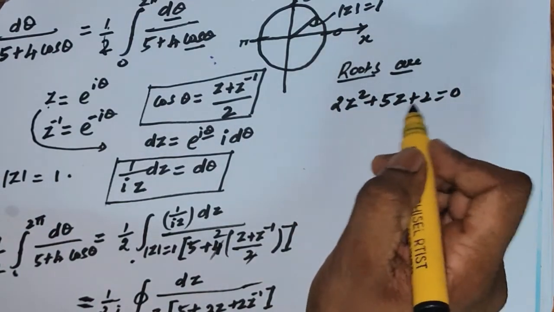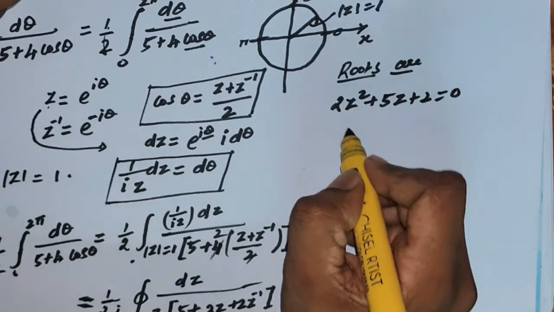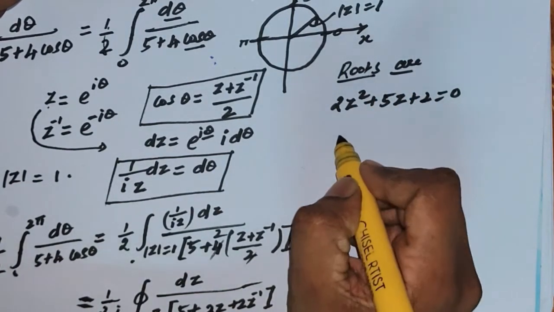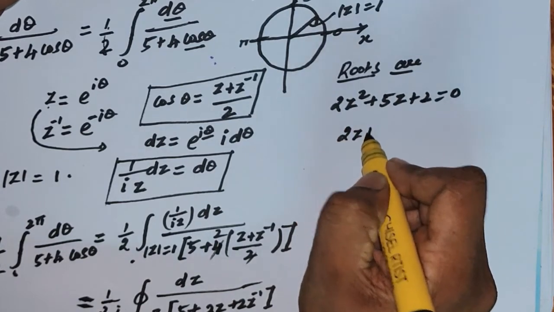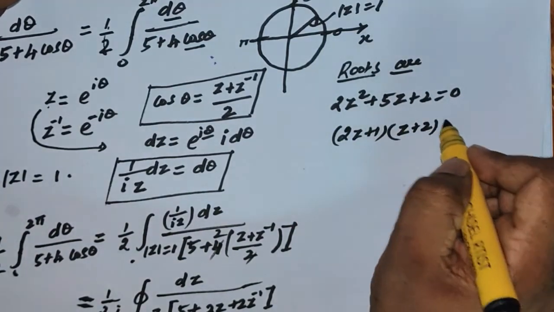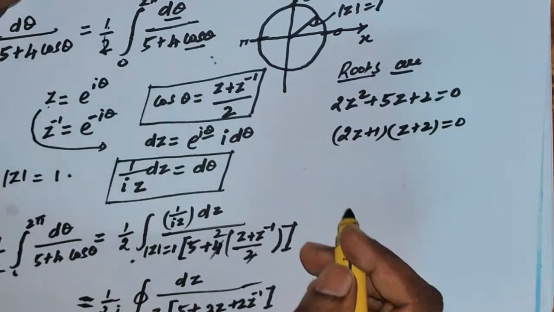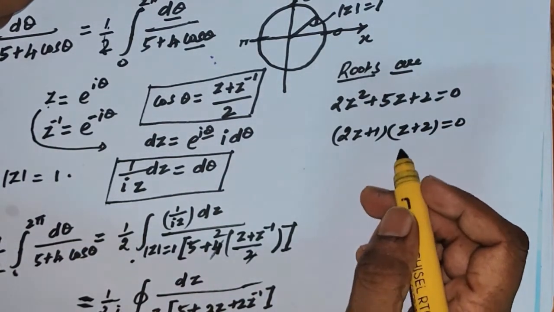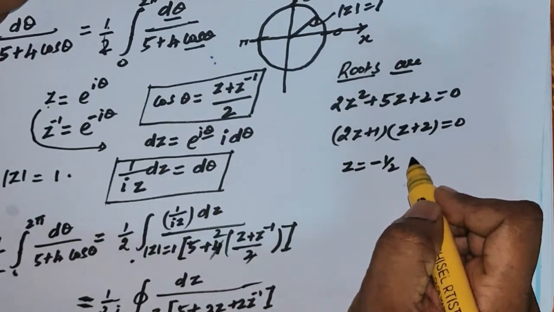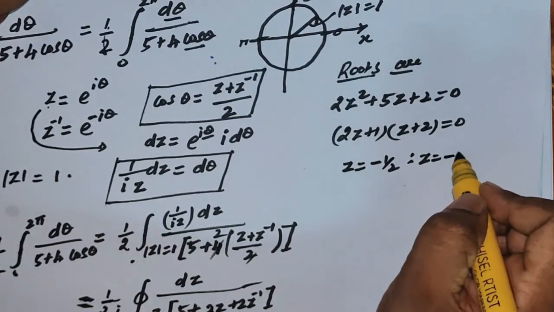Suppose you are just factorizing this, because multiplication is 4 and addition is 5, you will get 2z plus 1 then z plus 2. This is a factorization, it's school level algebra, you can do that. That means my roots are z equal to minus 1/2 as well as z equal to minus 2.